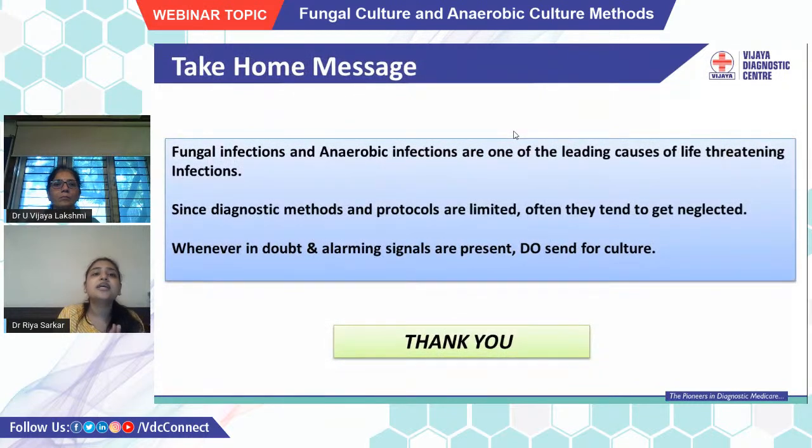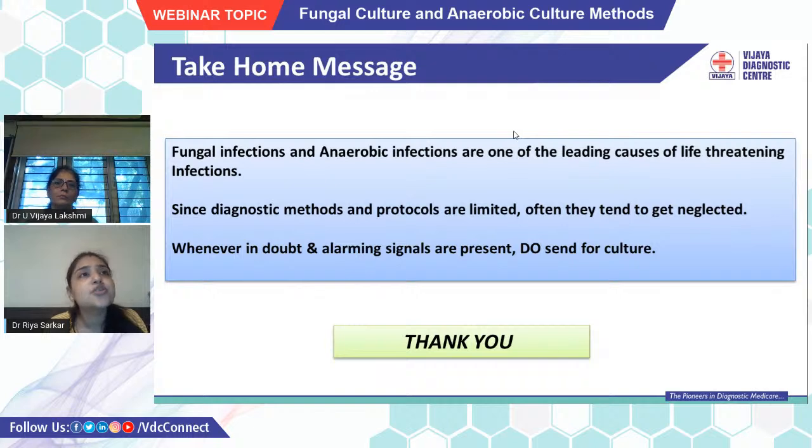So, a short take-home message from this presentation is that fungal infections and anaerobic infections both are leading causes of life-threatening infections. Since the diagnostic methods and protocols are highly limited, often they tend to get neglected. But whenever in your patient you are in doubt, you cannot understand what the problem is, or there is a minute alarming signal present, please do think of these two infections.